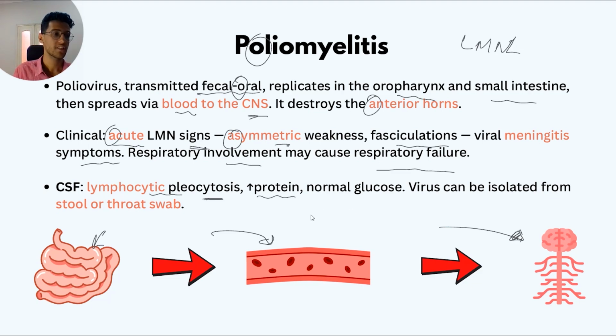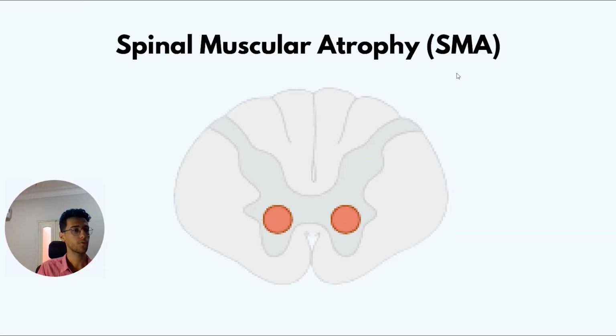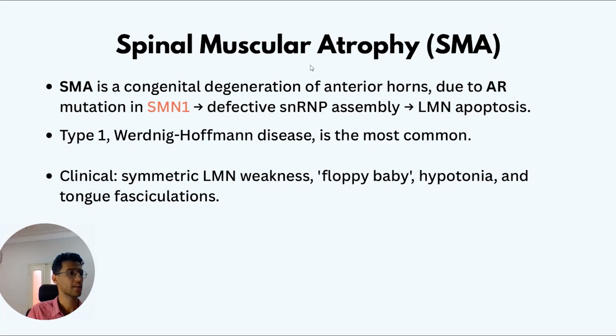The proteins will be high, but only slightly high. The glucose level will be normal. The virus can be isolated from stool or throat swab. Now, spinal muscular atrophy versus poliomyelitis: it causes a symmetric spinal cord lesion, like here. Spinal muscular atrophy is congenital degeneration of the anterior horns.